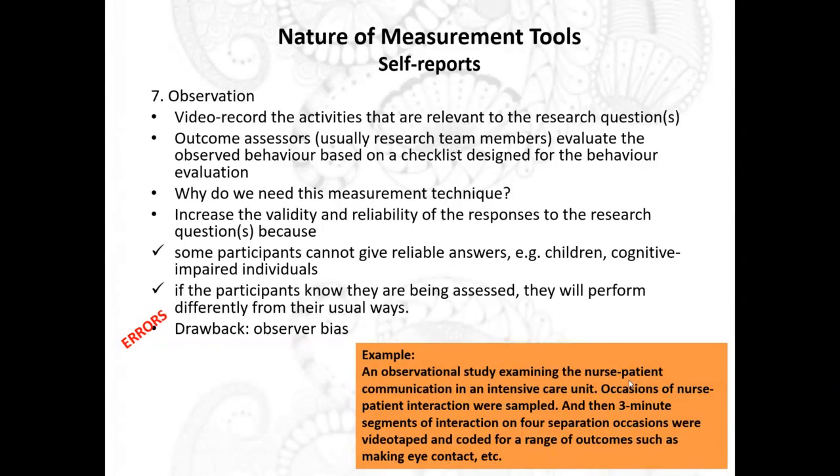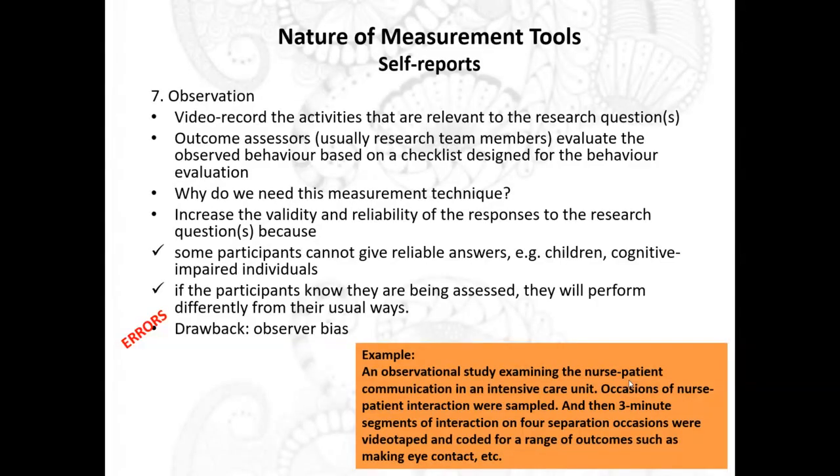But of course, you may think, okay, I need to rely on an observer to rate the interaction between the nurse and the patient. If the observer has any bias on the behavior that they see in the video, would it result in biased findings? Yes, possible. So for the observational approach, one of the major drawbacks would be observer bias.